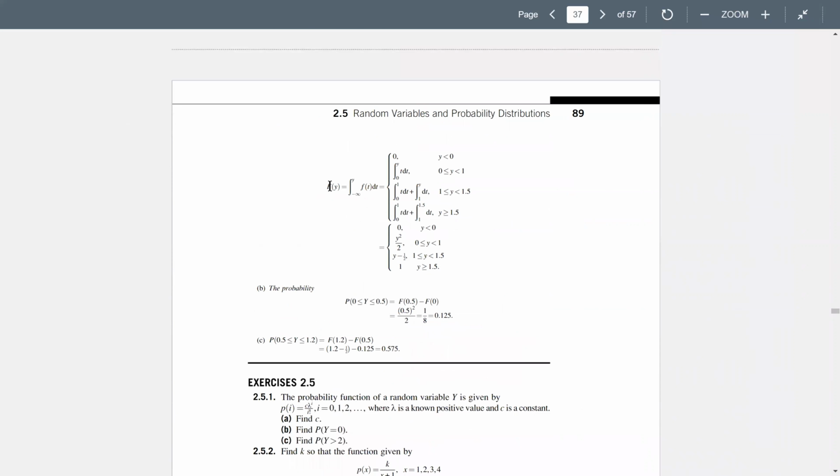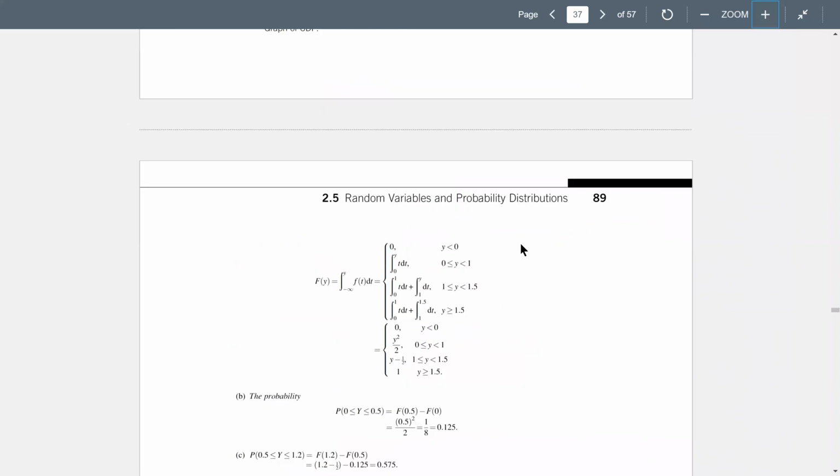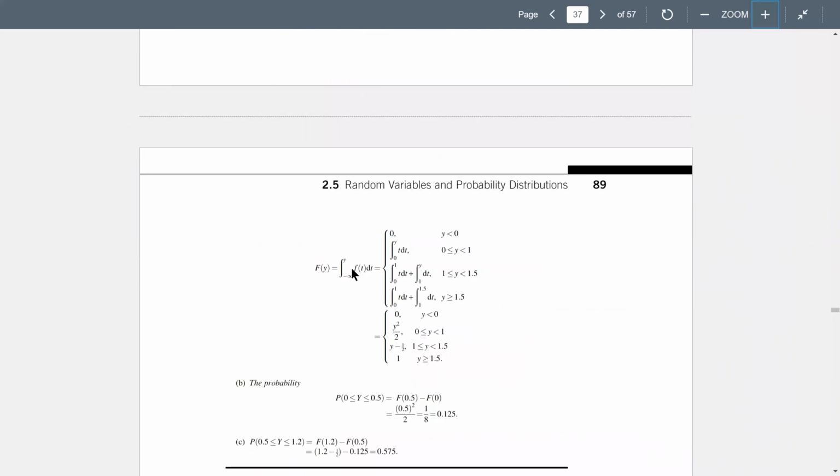This is a formula: capital F of y is the CDF, but small f of t is the PDF. Since you integrate to get capital F of y, how do you get the small f of t, which is the PDF? Through differentiation.